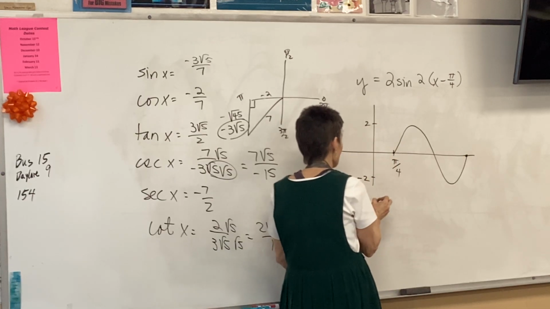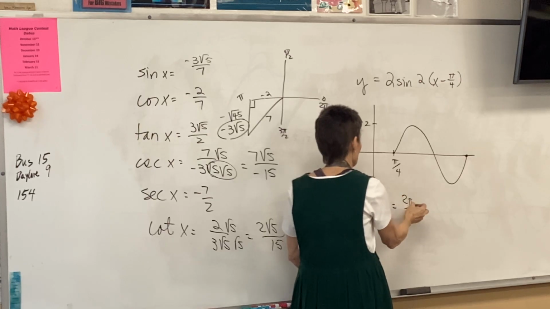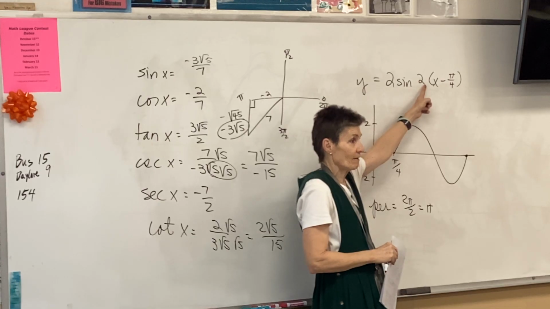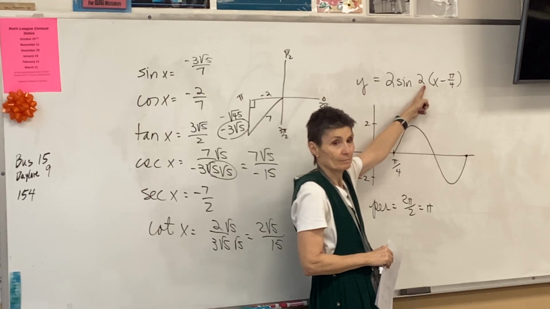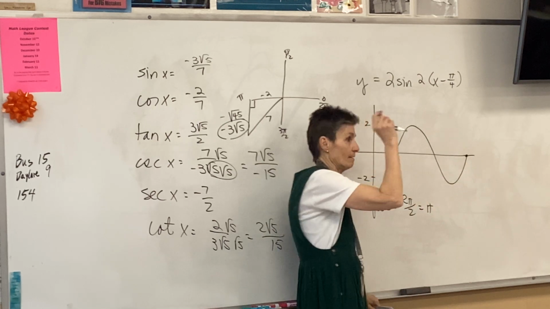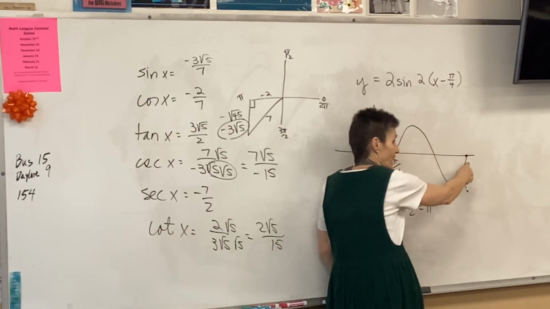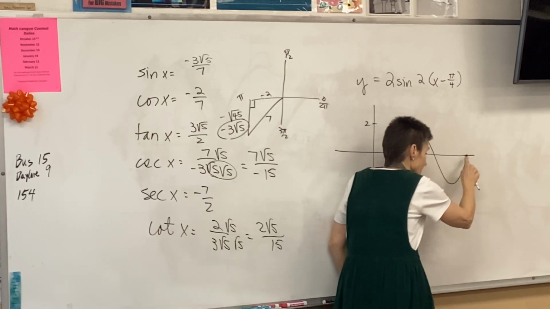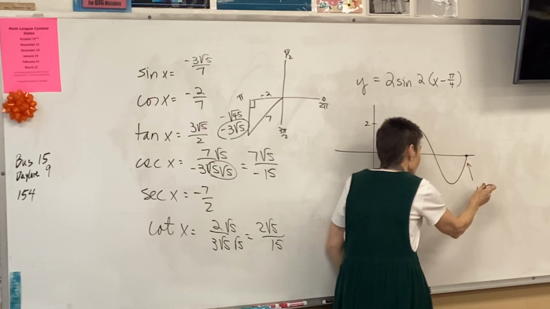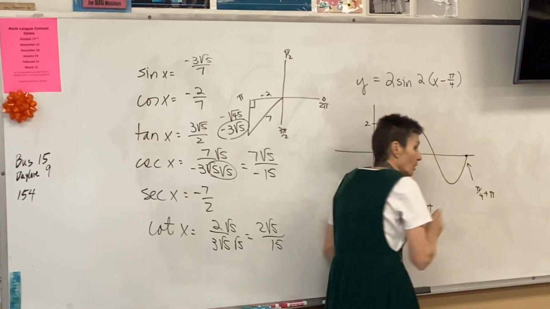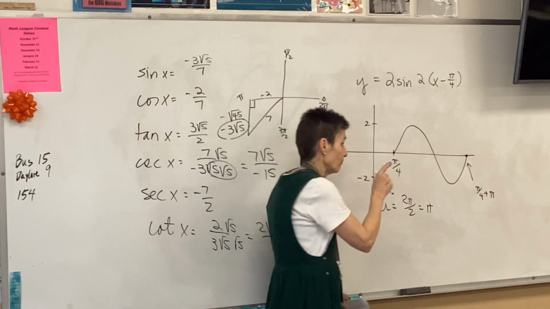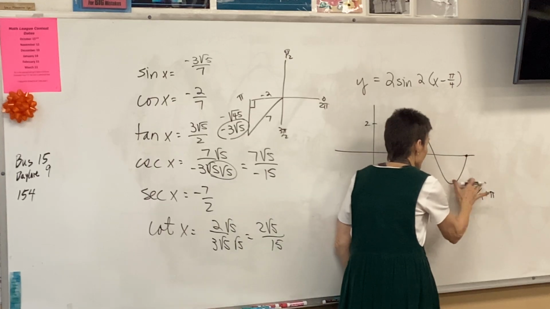I heard somebody say the period is pi, because the period is 2 pi divided by this number. Now, 5 pi over 4. This is not pi. This distance is pi. So we're gonna find this point right here by taking pi over 4 and adding pi. And that's 4/4, so this is gonna be 5/4.